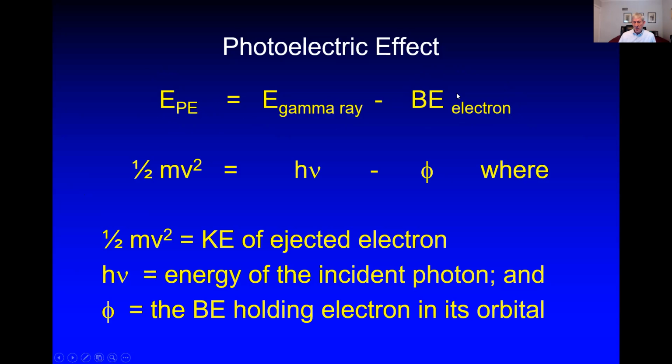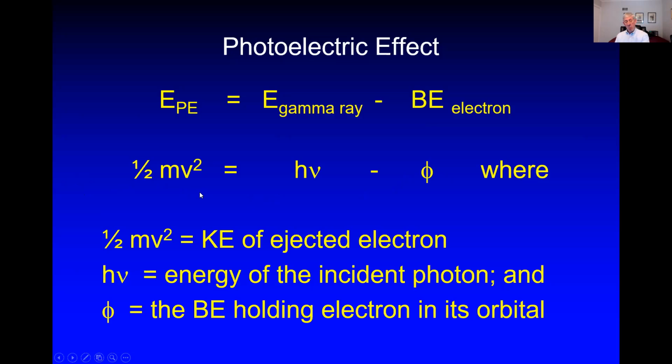So if you see this equation, someone asks you, I'm going to ask you on one of the practice exams, which effect is this associated with? The energy of the electron equals the energy of the gamma ray that struck it minus the binding energy. That is the photoelectric effect. And a more mathematical way to write the equation is the following.